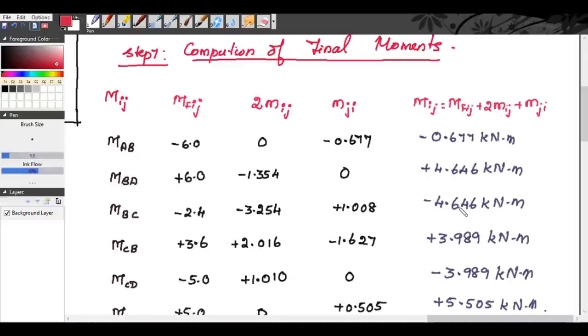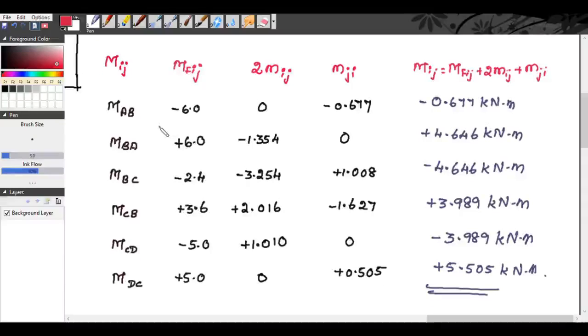When you are considering AB, it is minus anti-clockwise, and BA is clockwise. So your end moments will be like this, pointing towards the up. So you can write minus 0.677, and 4.646. We will mark this first.